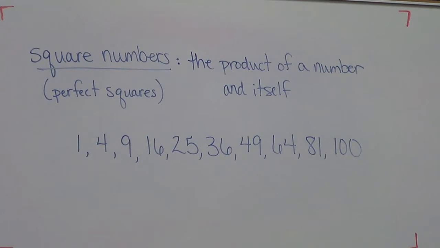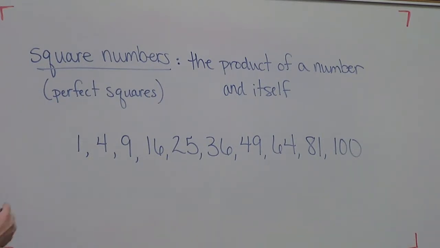Those are the first 10 perfect squares in the number system. So those are just any number multiplied by itself. I could go up to 15 times 15, 100 times 100, 150 times 150. We could go all the way up. But for our purposes, we're just going to deal with some of those first 10 or 12 perfect squares.